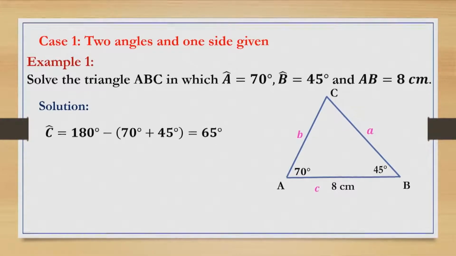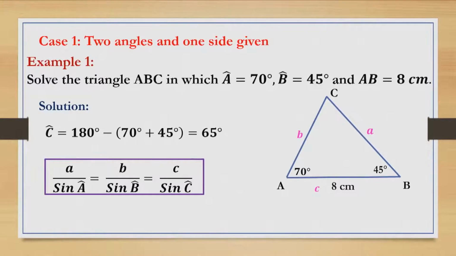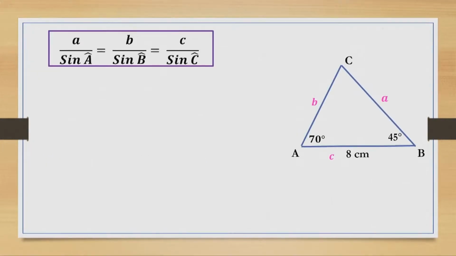The next step will be to label the sides of the triangle. Opposite to capital C, I will have small c. Opposite to capital A, I will have small a. And opposite to capital B, I will have small b. I now write down my formula. I replace what is known from the triangle.